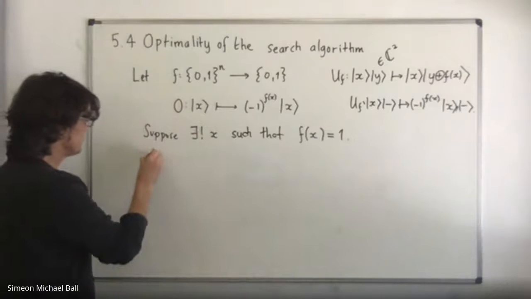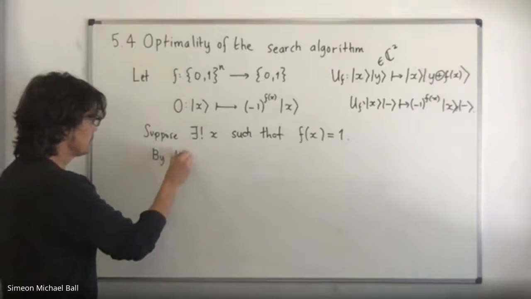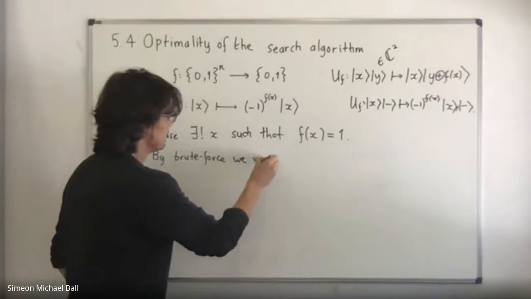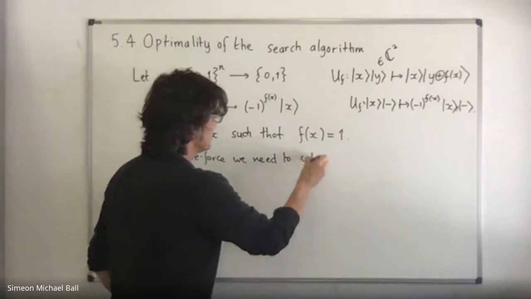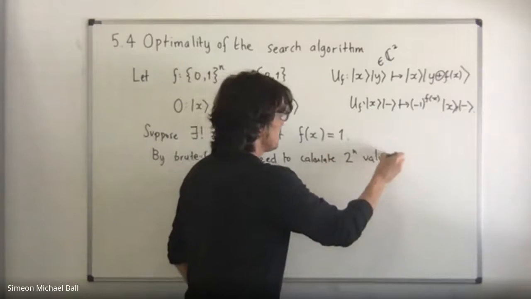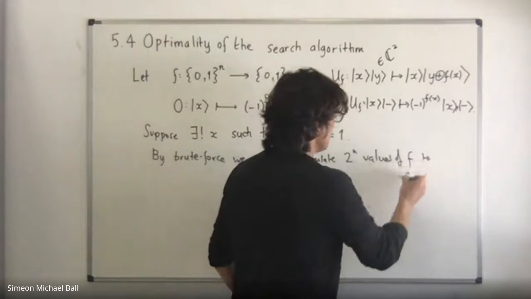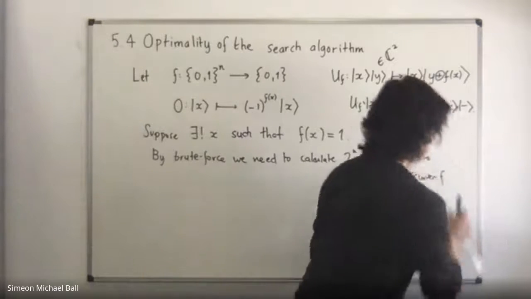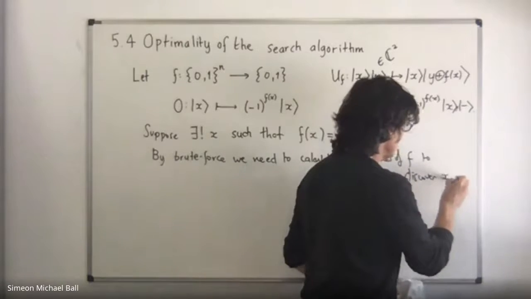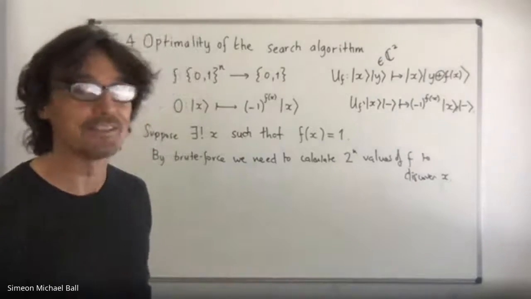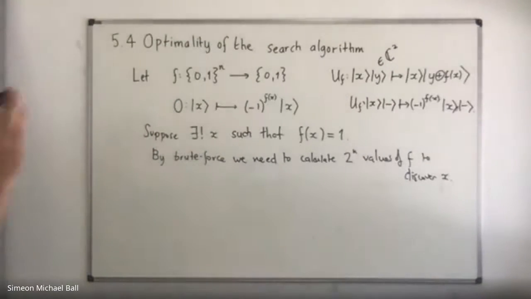By brute force, we would need to calculate 2^n values to discover x. I suppose it's 2^n minus 1, because if the first 2^n minus 1 are zeros, then you know it's the last one. But you know what I mean. So it's 2^n.